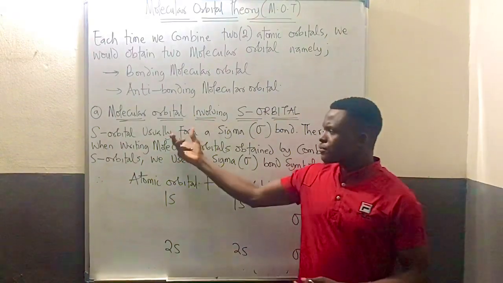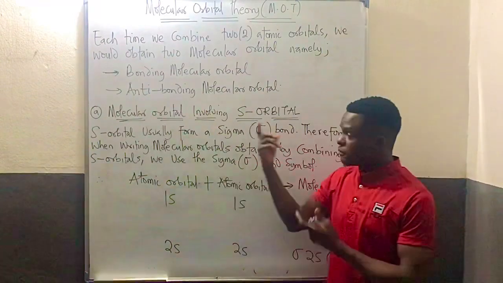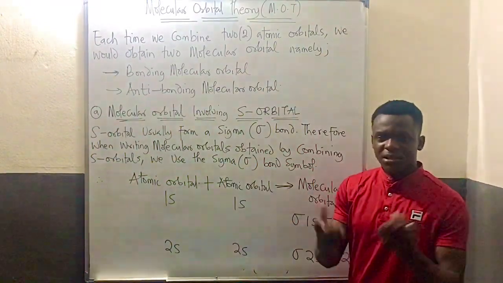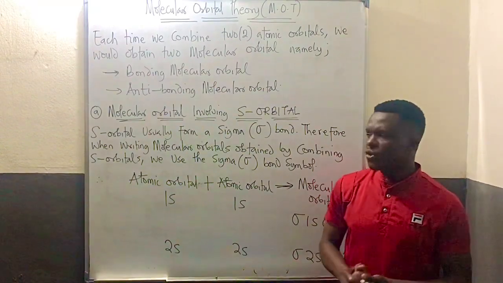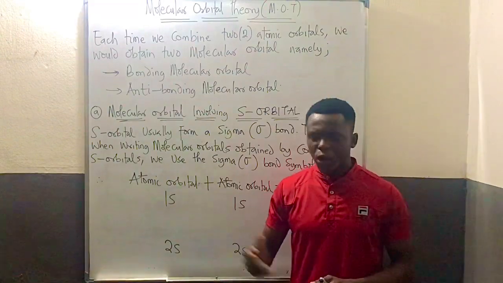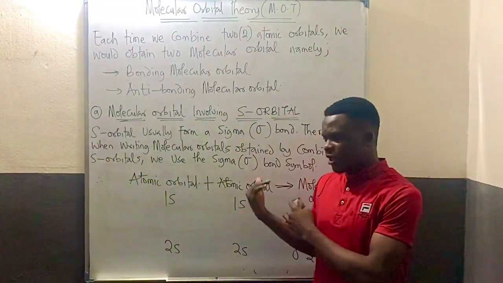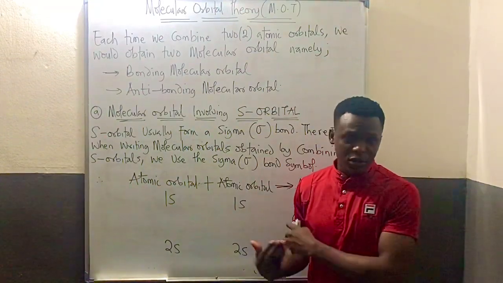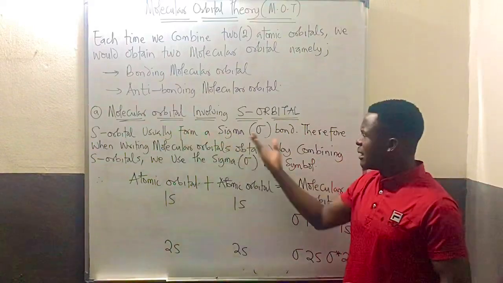Now, the first one, we're going to be looking at molecular orbital involving the s orbital. That is, when we combine s orbitals, what we're going to obtain. It will interest you to know that s orbitals usually form a sigma bond. We're going to explain what sigma bond means at a later stage in this course.